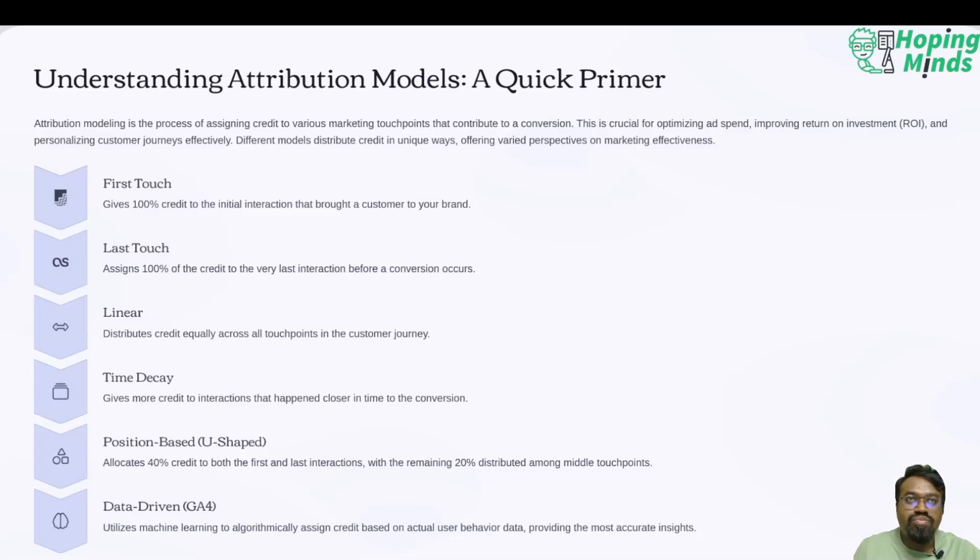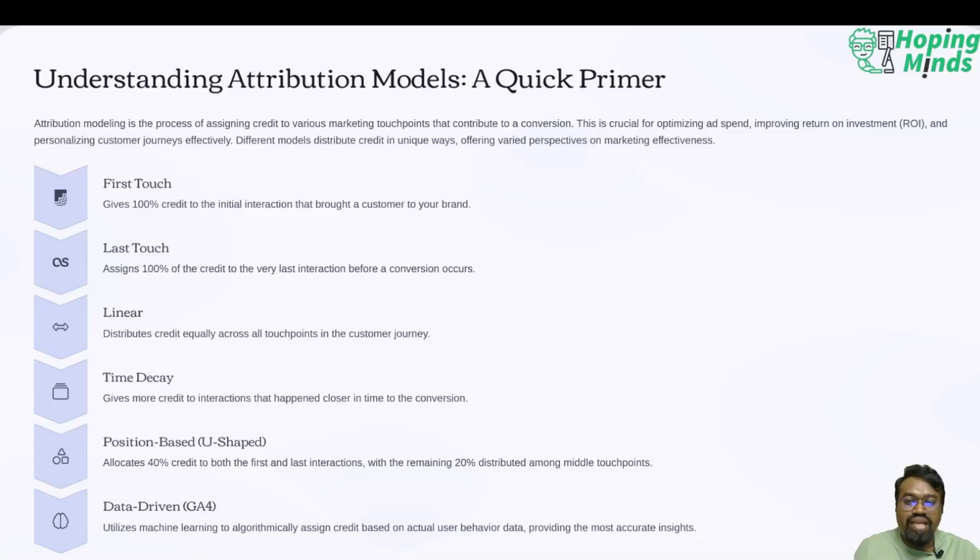Time decay gives more credit to interactions that happened closer in time to the conversion, because conversion is the factor that every marketer looks for, and hence the more time invested by a user on a particular website or platform, the more time decay will happen, and the interactions that happened closer to the time of conversion, it can calculate all the factors leading to a particular conversion, right?